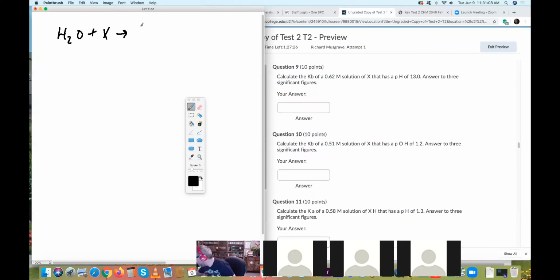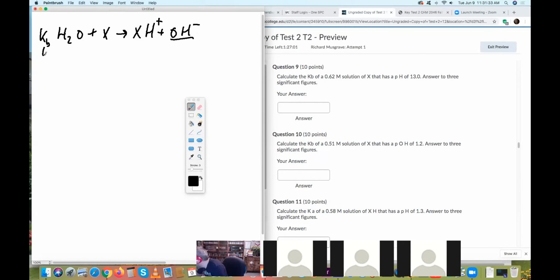It doesn't matter which way you do that. So according to our rule earlier, we get XH plus OH minus as our products if we're looking at Kb, and we're expecting the OH minus, of course, because it's Kb for base.